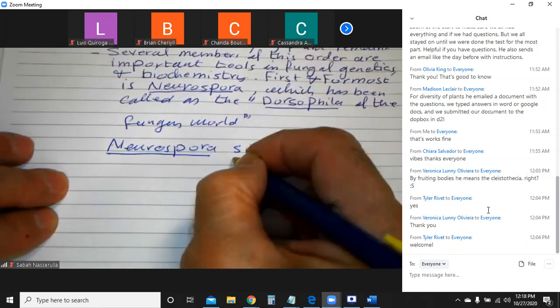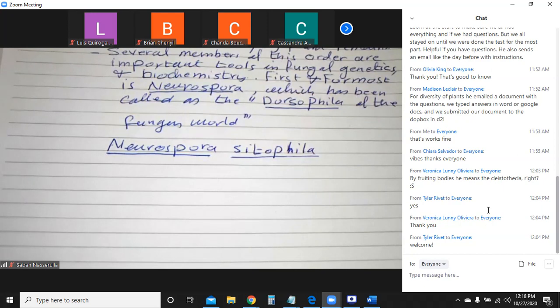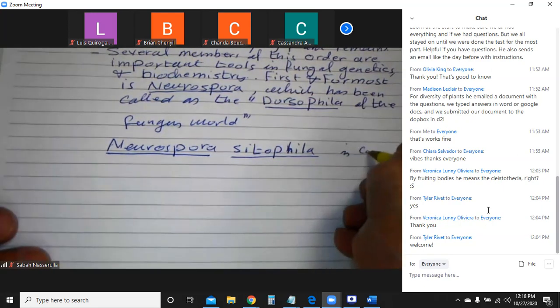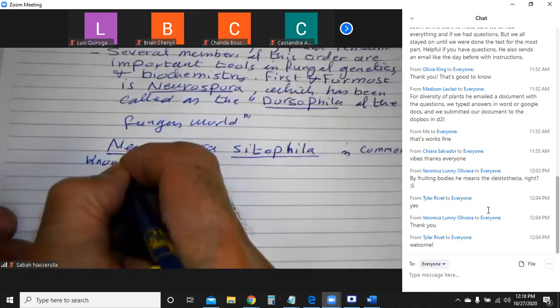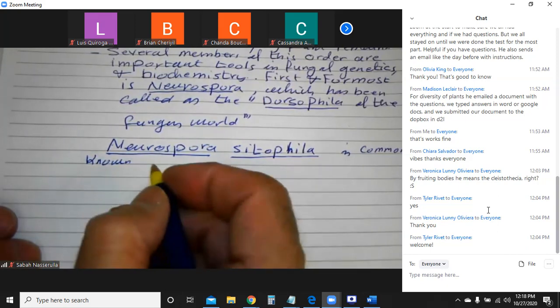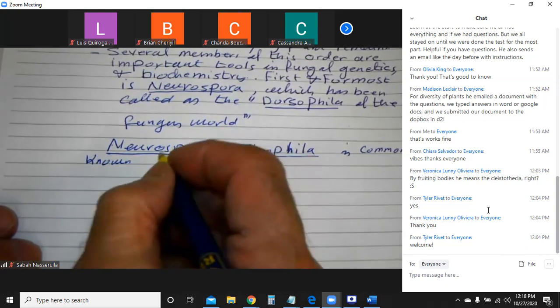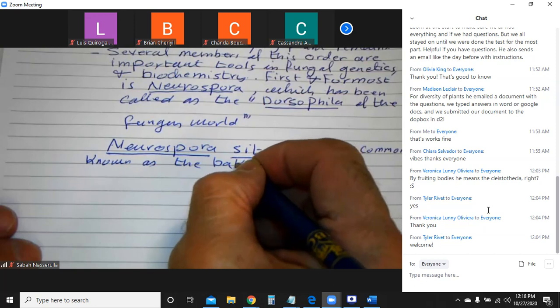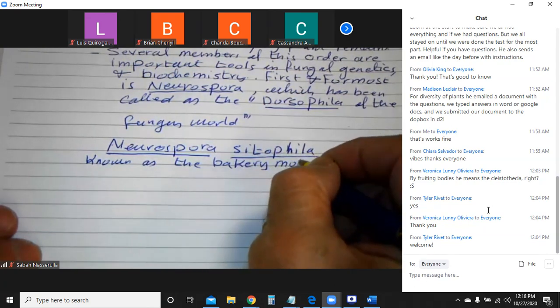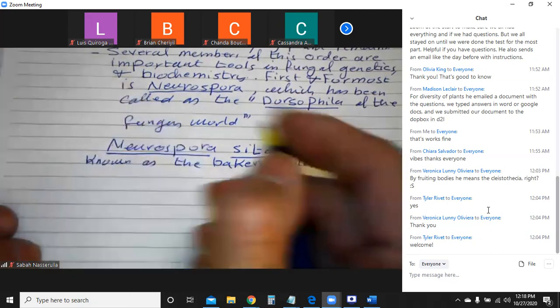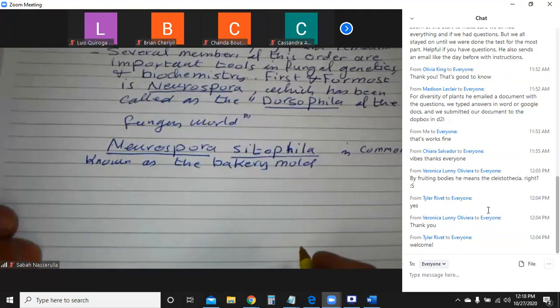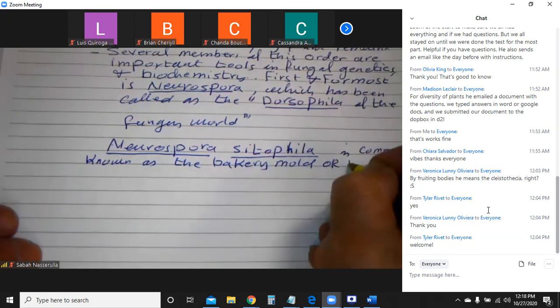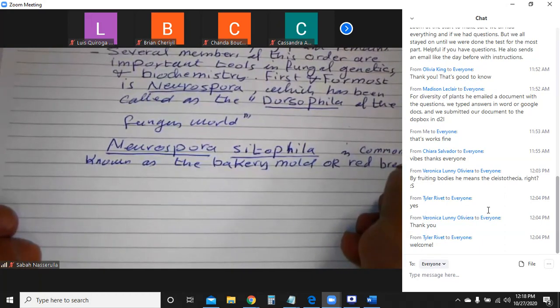As I mentioned to you, it is commonly known as the bakery mold, because it affects bakeries. Or, as I showed you, because of the red color, it is known as the red bread mold.